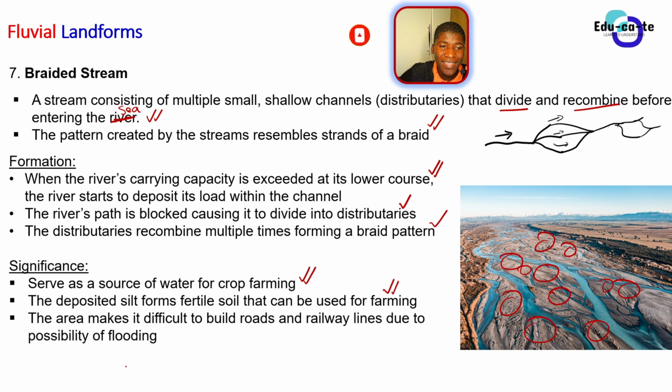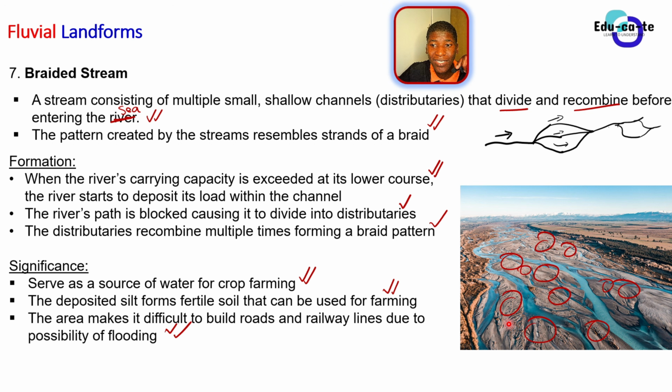Now the thing is, the area makes it difficult to build roads and railway lines. I mean, guys, who can build roads in a place like this? It makes it very difficult. Why is it so difficult to build roads here? There's a very high risk of flooding, guys. What will happen if there's flooding in these braided streams?